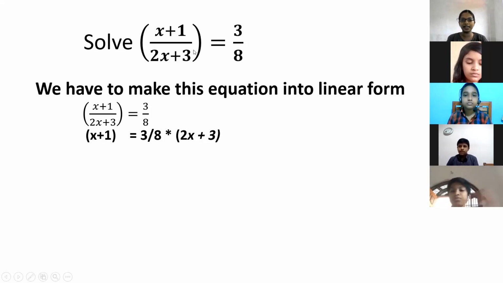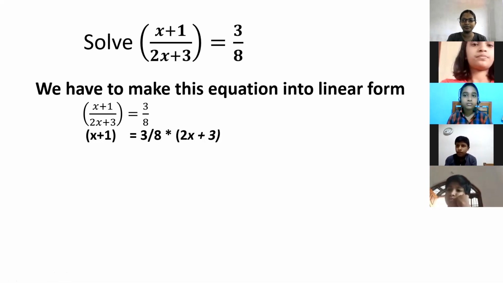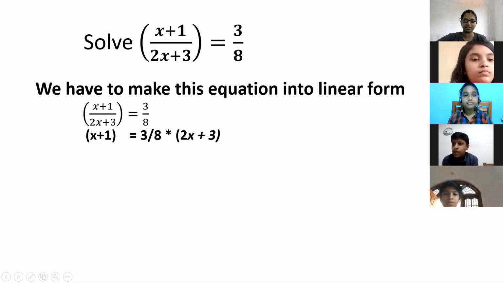What is the denominator here? What is the denominator of x plus 1 by 2x plus 3?